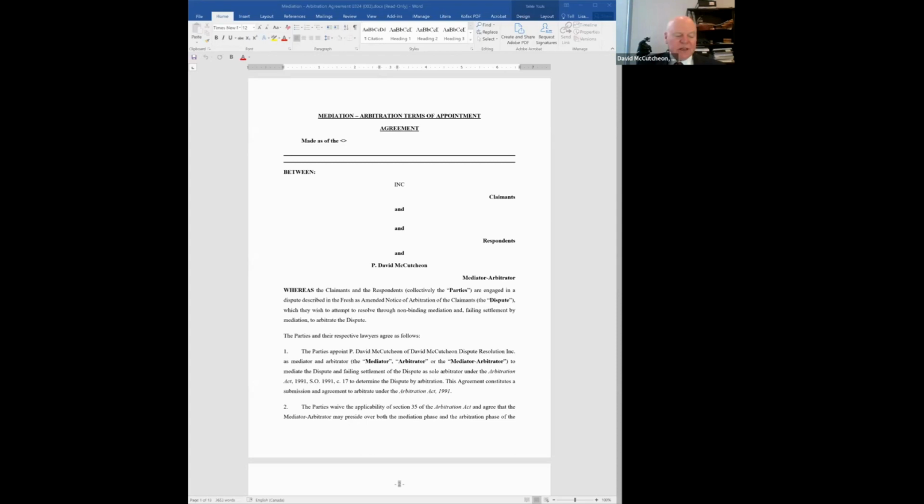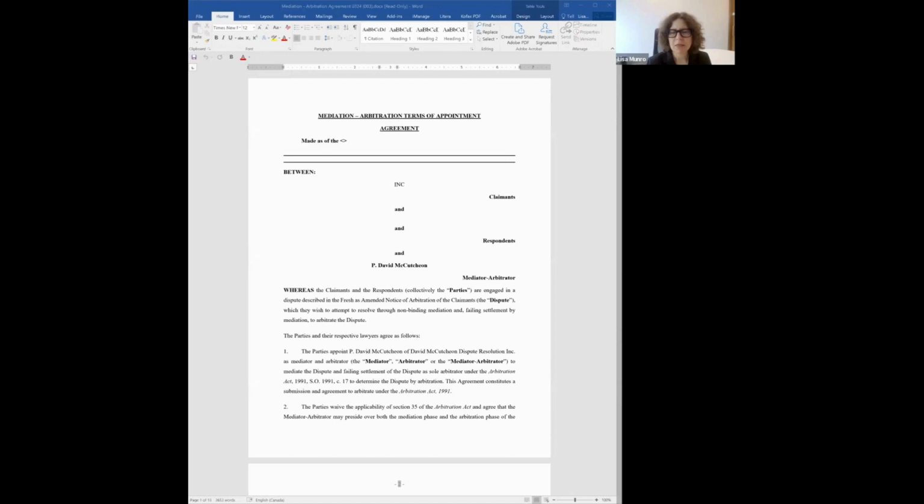And I do that on the record, and I basically say, do you agree that the statements made about impartiality, independence, and lack of bias in the mediation-arbitration agreement are still in force and applicable today?